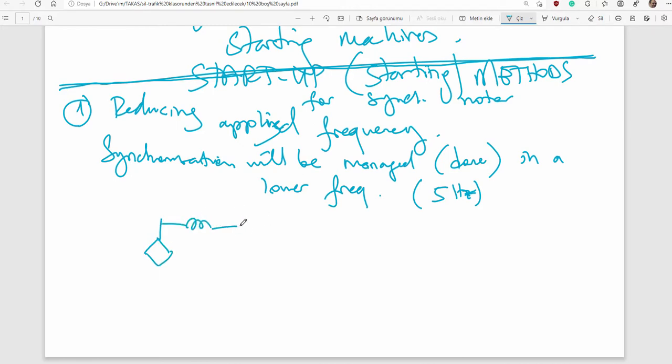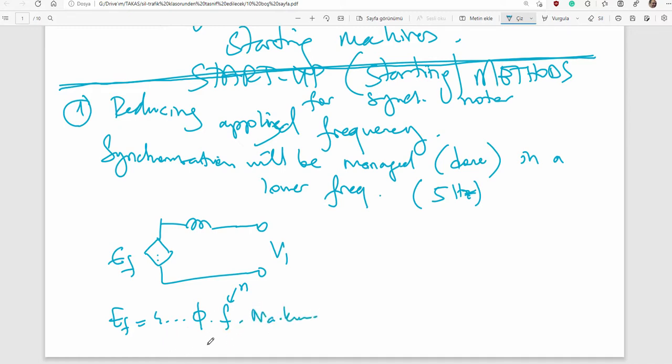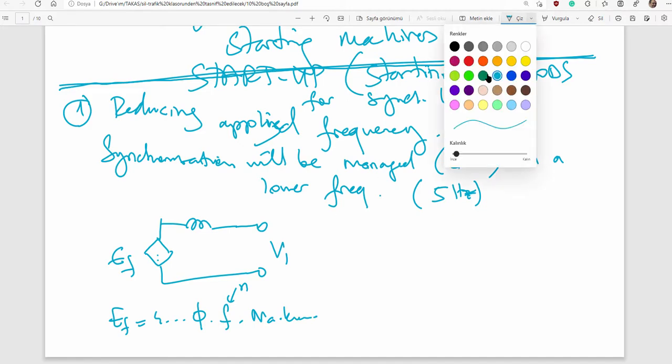Let's say Ra is neglected. Here is terminal voltage, here is EF, and EF is a function of flux and frequency, directly related with the rotation of the rotor speed, Na, Kw.